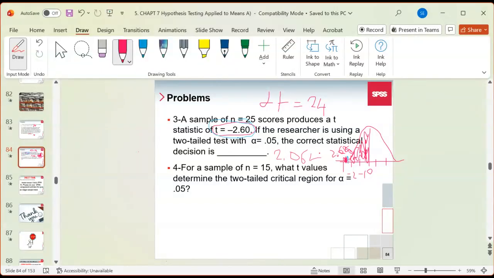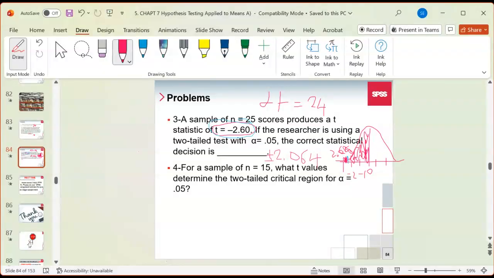So our critical region starts at positive or negative 2.064. But our calculated t is negative 2.6, which is on the negative side, and 2.6 is beyond 2.06.